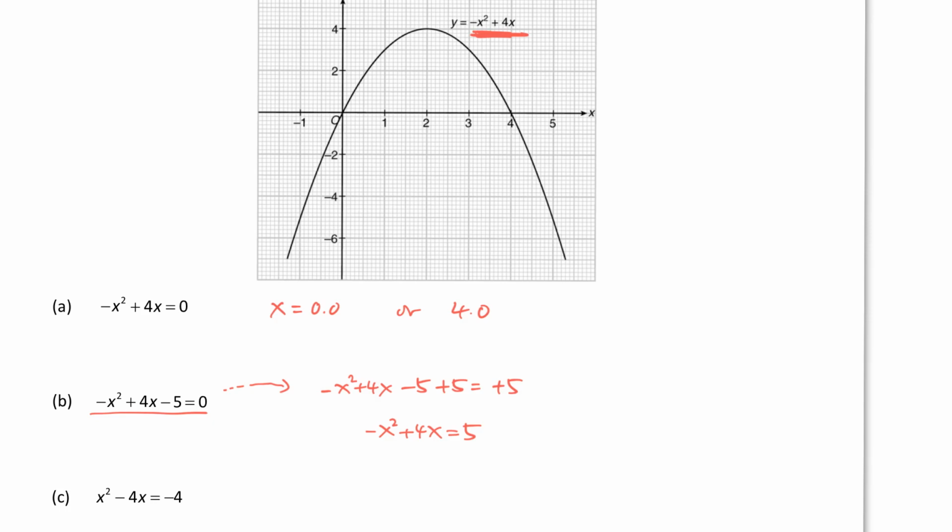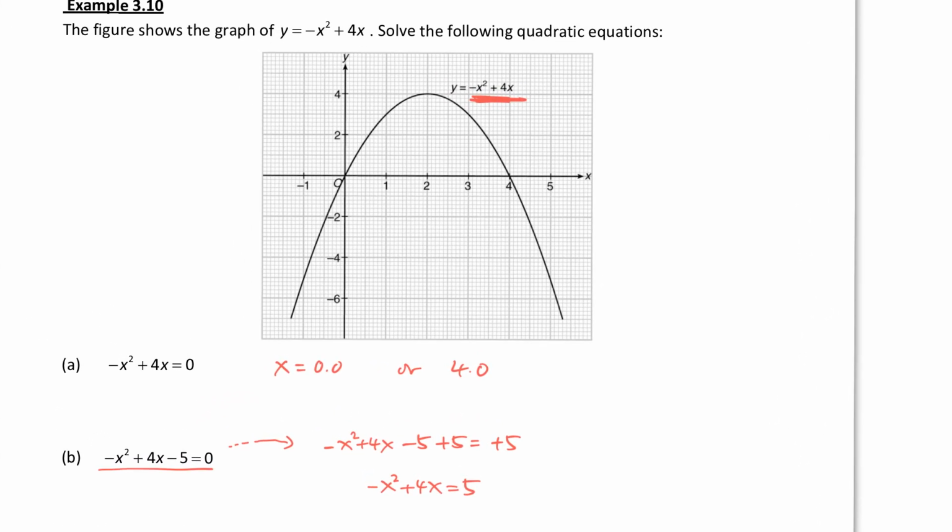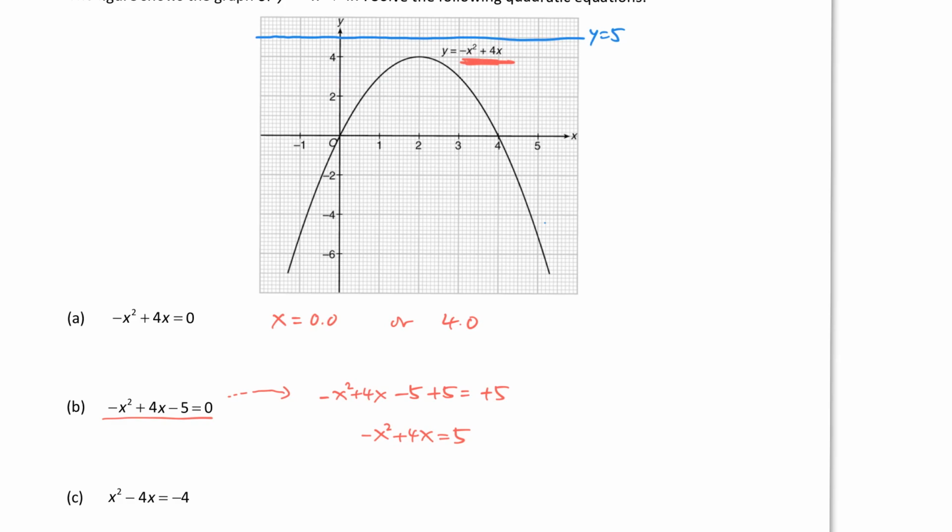So our conclusion is, maybe how can we represent our answer better? Maybe you can draw a straight line here. I need to consider y is equal to 5. No intersection point, so no solutions, no real roots.